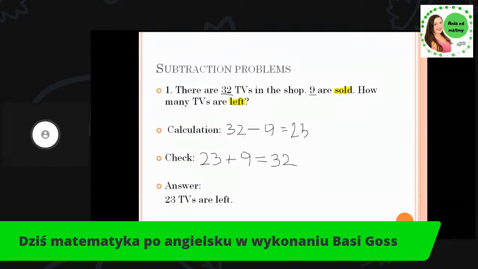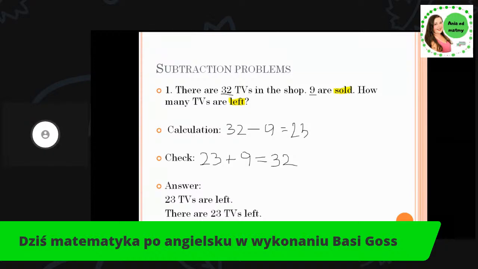If you want a short answer, you can have there are 23 TVs left. It's a good answer. And there's also answer from Bartek. There are 23 TVs left in the shop. Beautiful answer. Well done, Bartek.